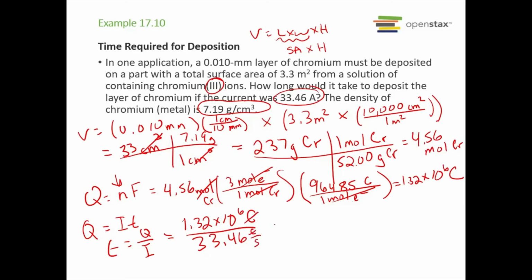So we can see the coulombs cancel, and we get 3.95 times 10 to the 4th seconds, which we can convert to hours, and we get 11 hours. So 11 hours, but not bad, I guess.